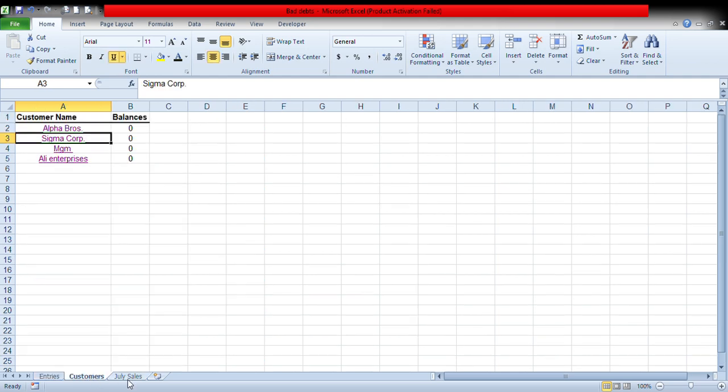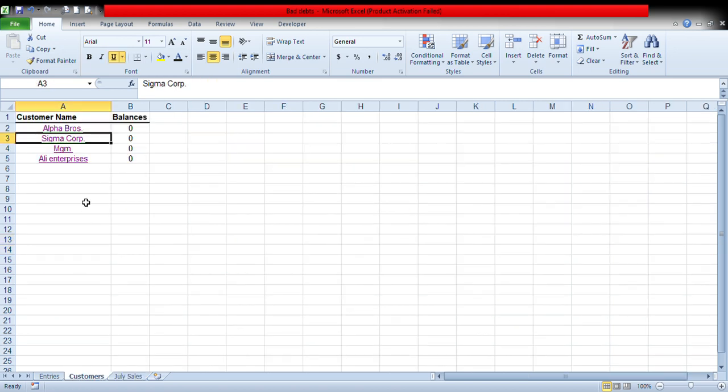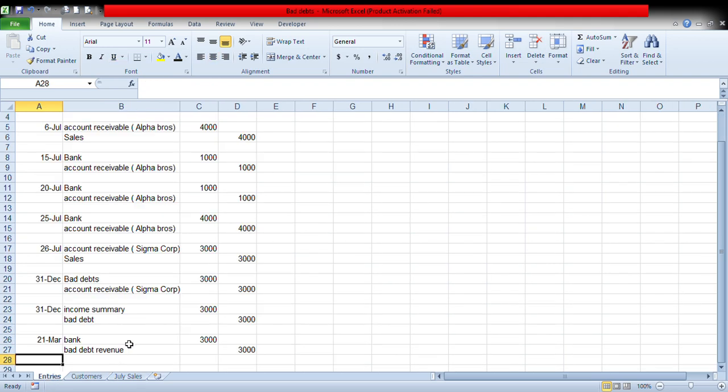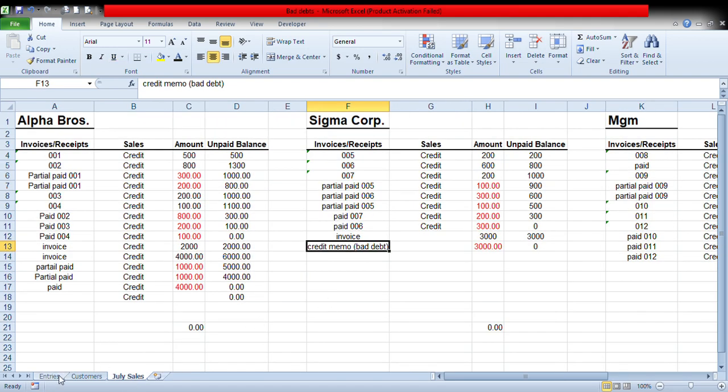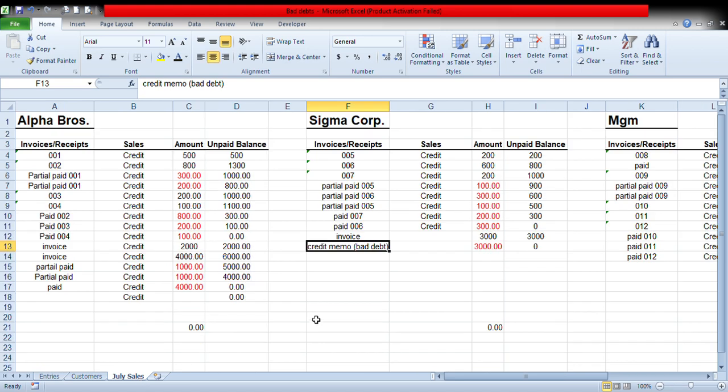Now, what am I going to do? You don't need to if you want, because it's already set. But when you make an entry, it will change also here, right, ladies and gentlemen? So when you close it again, it will impact it here.